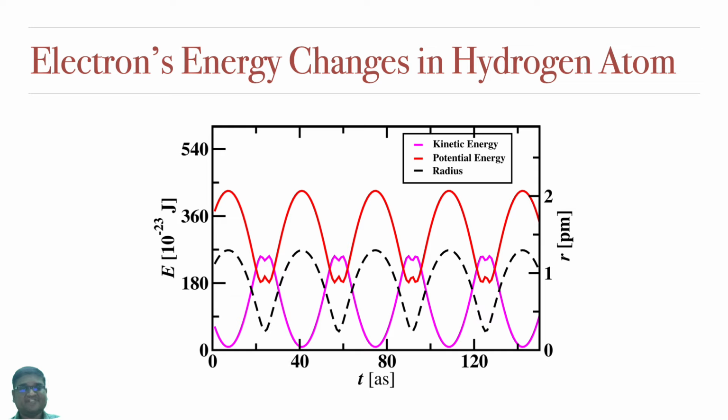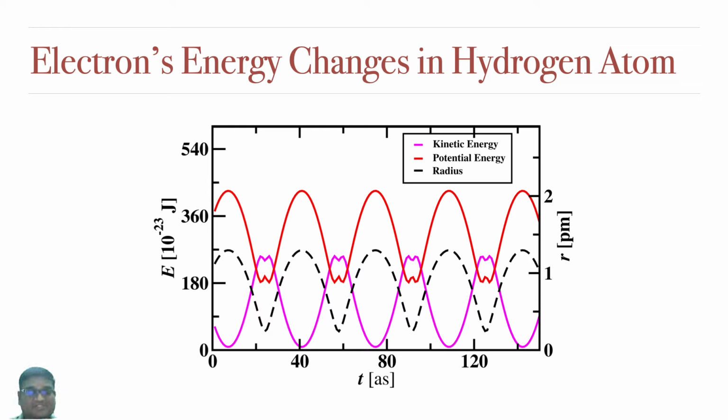When it comes close to the proton, the kinetic energy is very high, meaning the velocity of the electron increases, and then it goes away from the proton due to the repulsion between the proton and electron within the atom. The radius and the potential energy increase, whereas the kinetic energy decreases, and this cycle repeats for infinite time. Here I represented 150 attoseconds, and the energy values are in the range of 10 to the power of minus 23 joules.